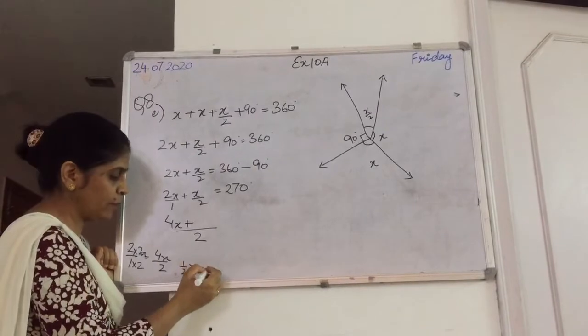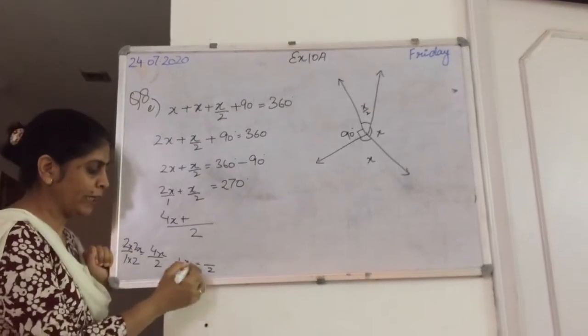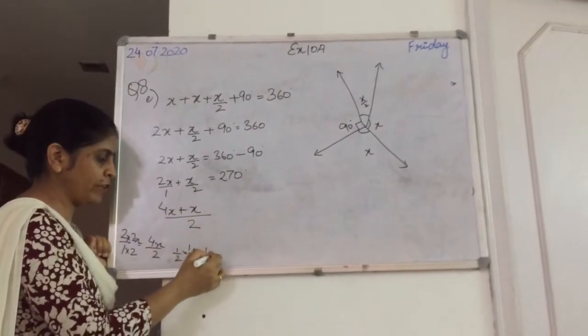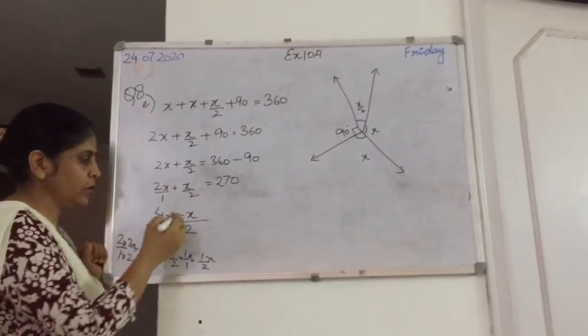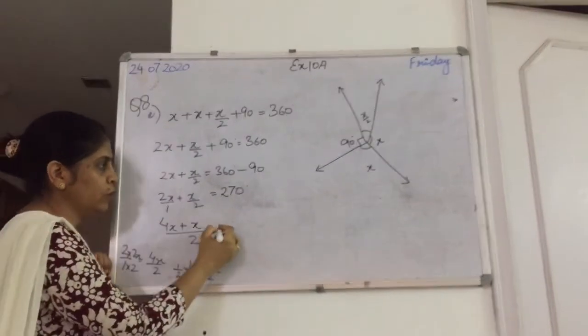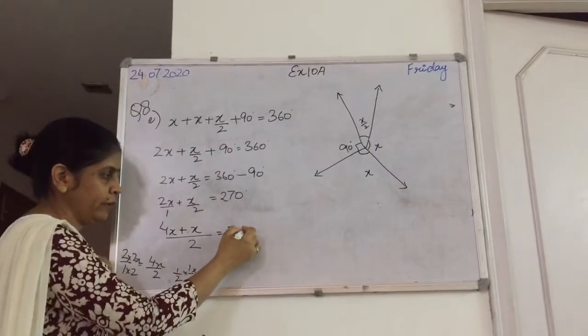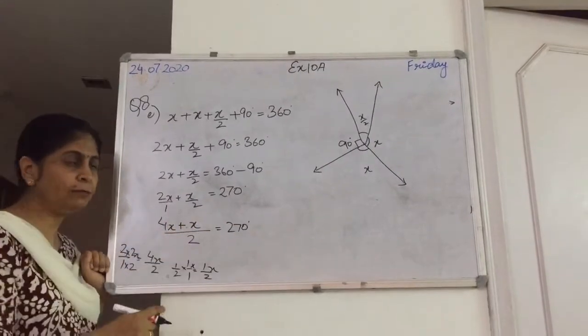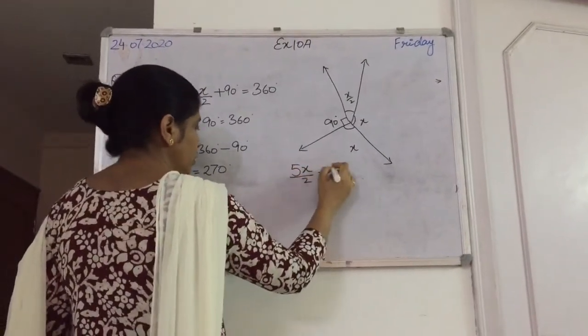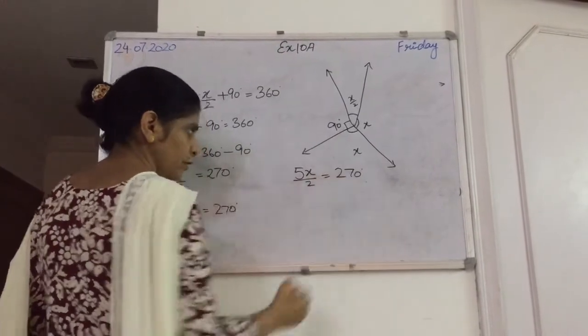How much do we multiply to make 2? 1 time. So 1 along with x, so x. Either you can write 1x or you don't write it, it's the same thing. Equal to 270 degrees. Clear? 4x and x become 5x. 5x upon 2 equal to 270 degrees.